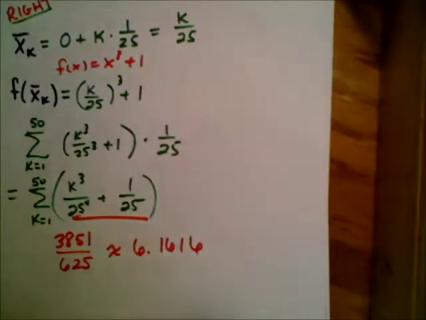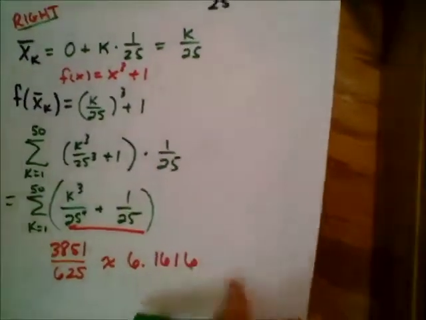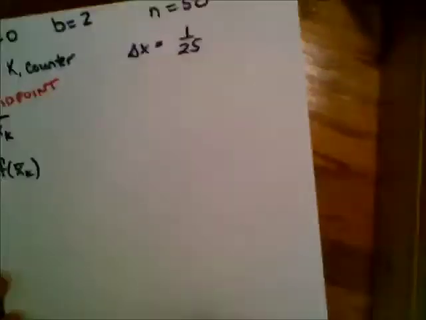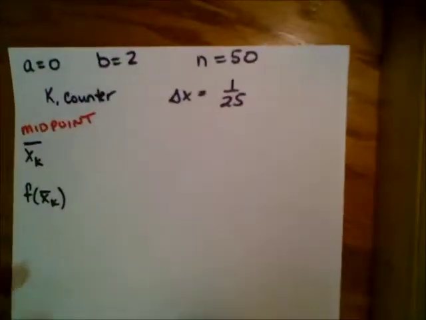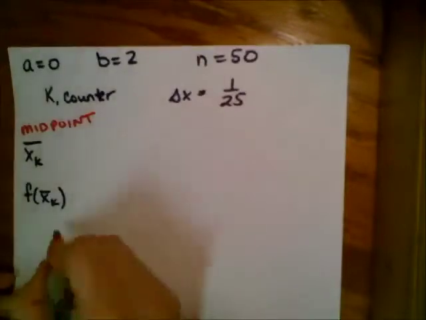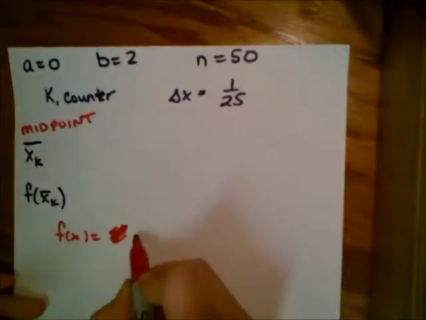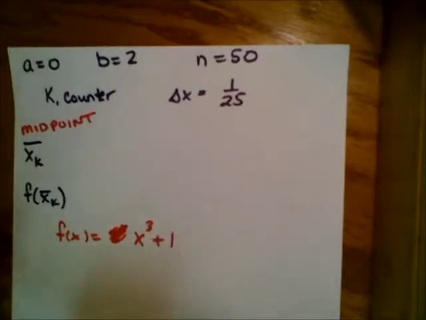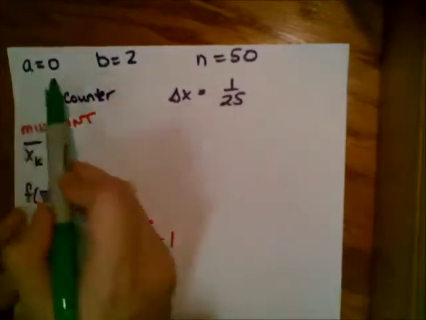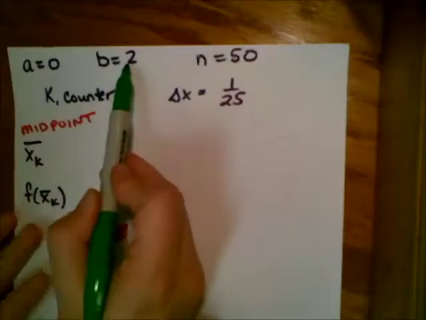And to finish the 3 different approximations, we're going to make similar calculations one more time. Let me put in a new page. Again, our function is still x cubed plus 1. That hasn't changed. We're still on the interval 0 to 2.